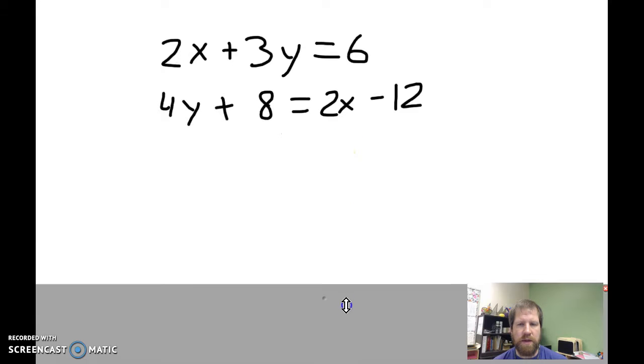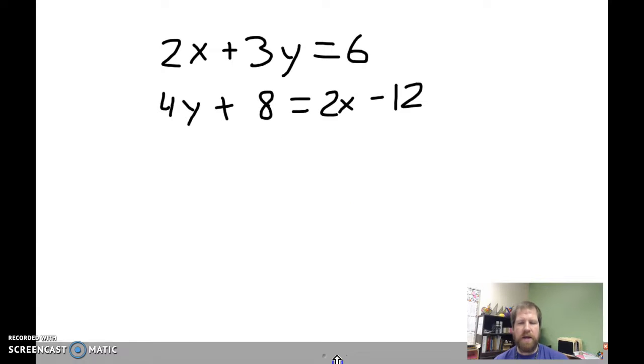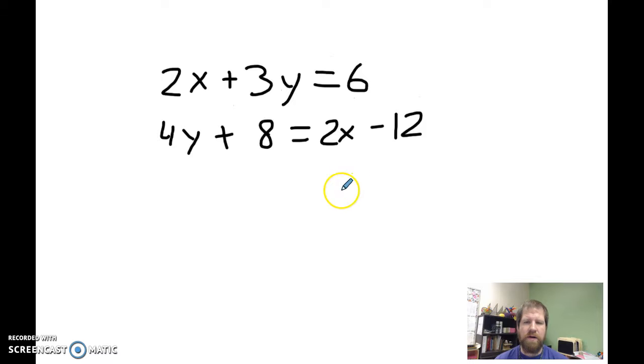This one's going to be a little bit more complicated, because not only do I have no variables isolated, alone on one side of the equation, I also don't have any variables that don't have anything they're multiplying or divided by. All of them have what's called coefficients, that number next to them.